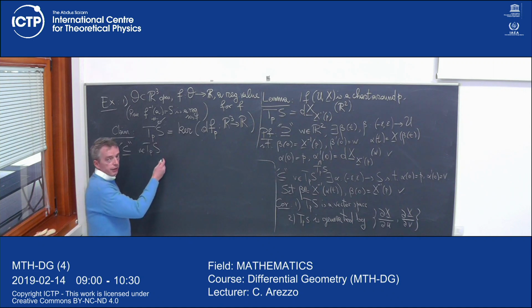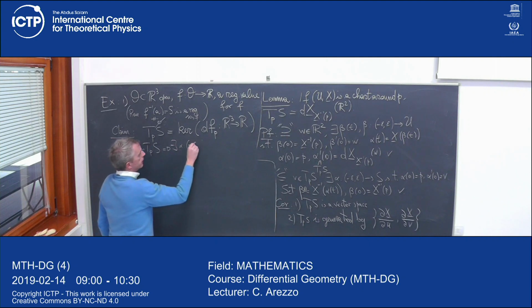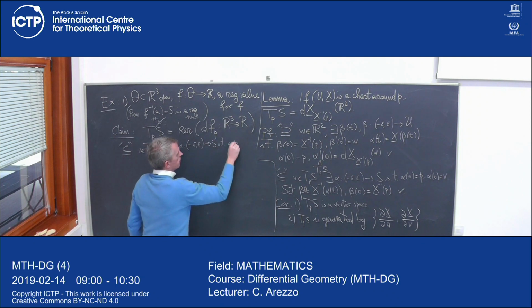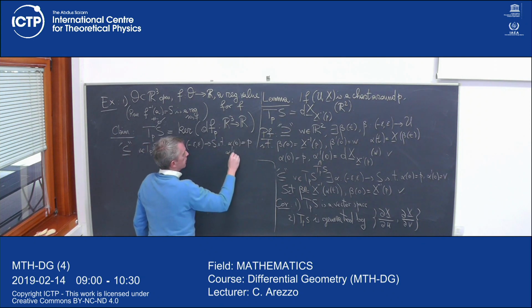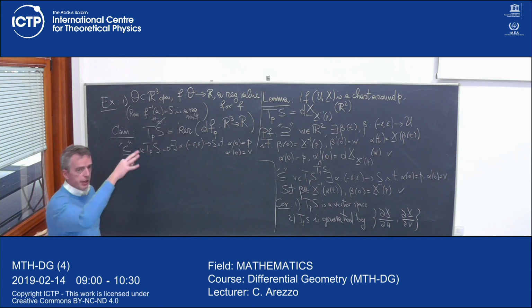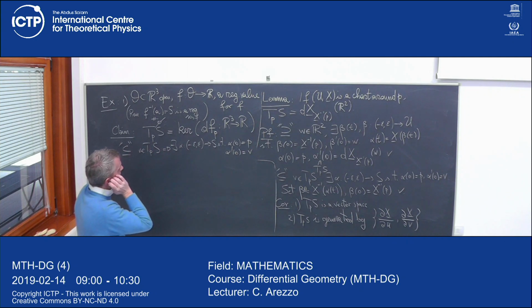I just write down the definition. If v is a tangent vector, there exists a curve alpha on the surface with velocity v.